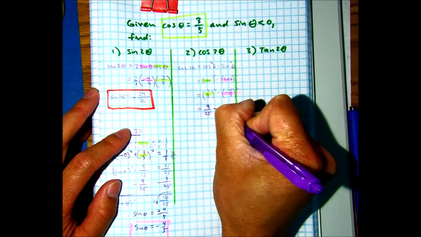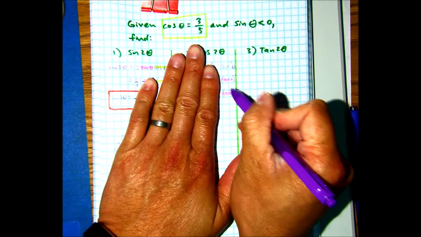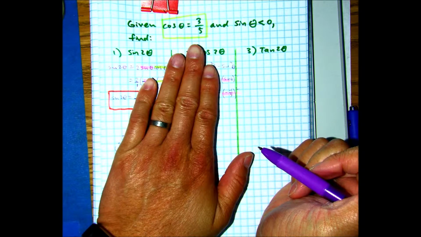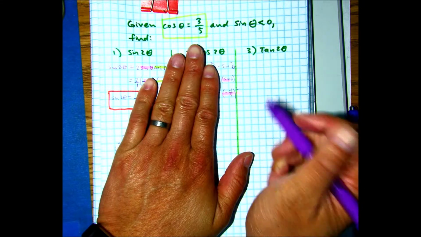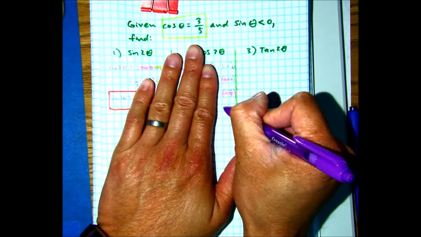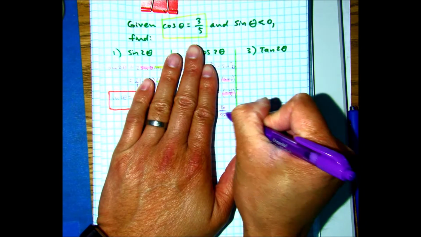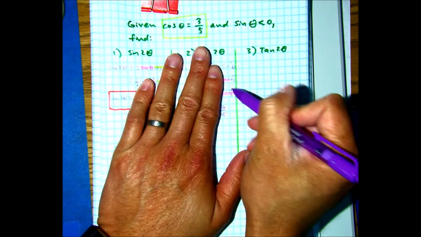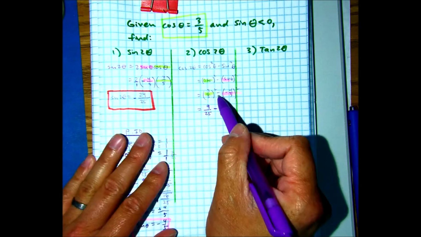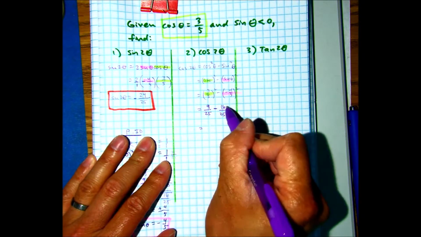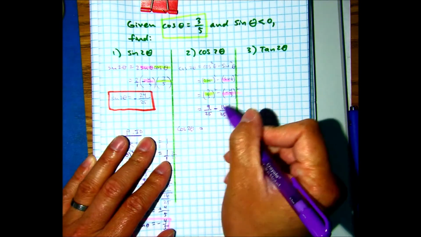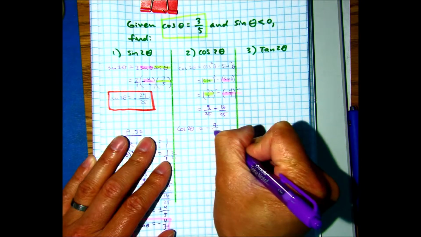I have this minus sign. Negative 4/5 times negative 4/5 is a positive 16 over 25. Then you have this minus sign. So 9 minus 16 is negative 7 over 25.